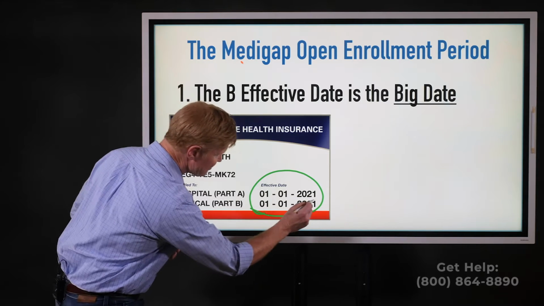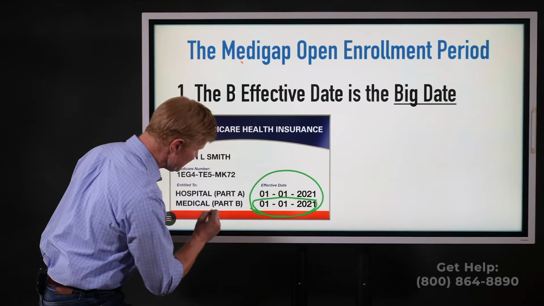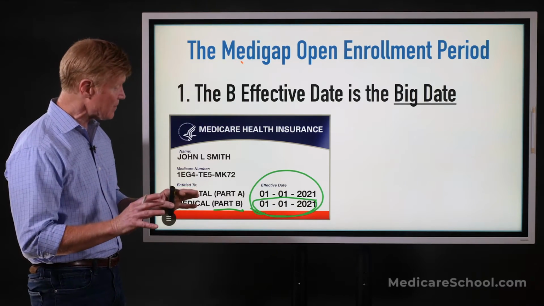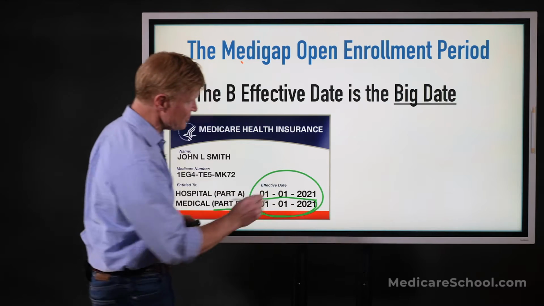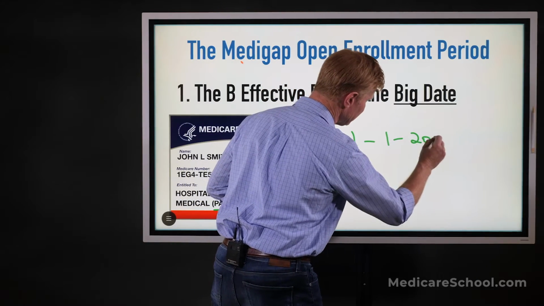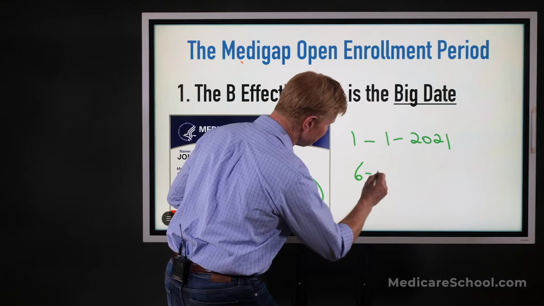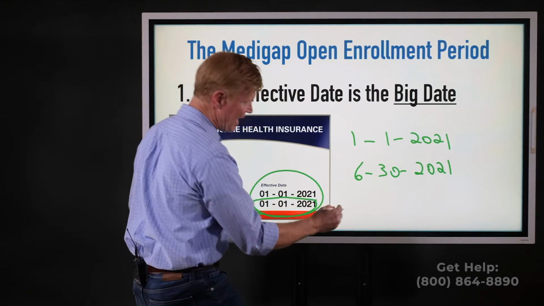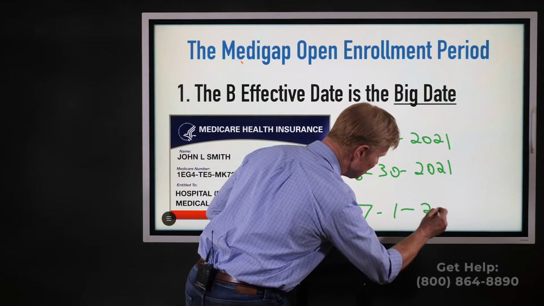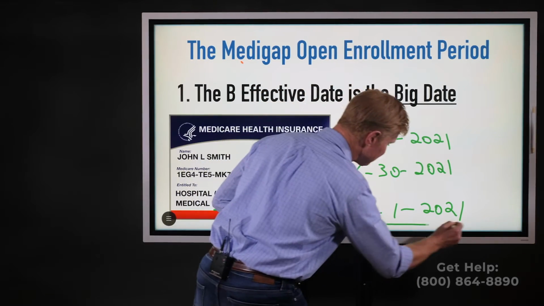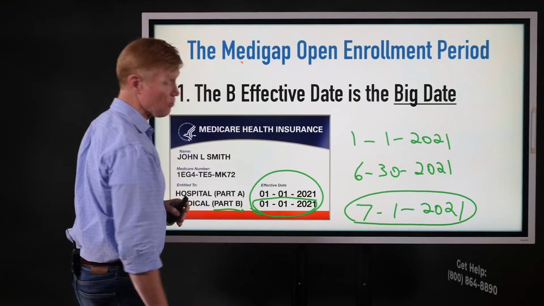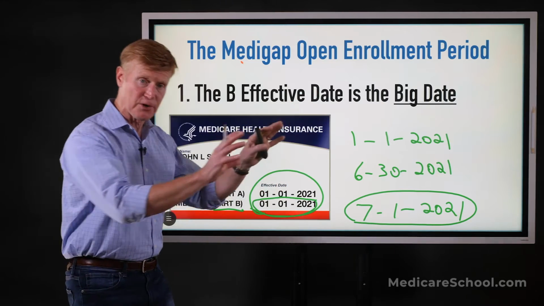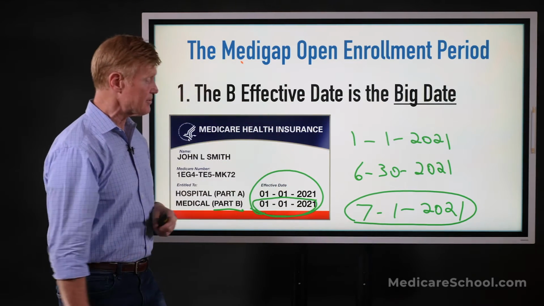But what really matters is the B date, because it's when this 6-month time frame begins. So he has 6 months, from 1/1/2021 all the way to 6/30/2021. His period would be over after July 1st. For these 6 months he's in his open enrollment period, but after 7/1/2021, this open enrollment period for a Medigap policy has terminated. It's expired.